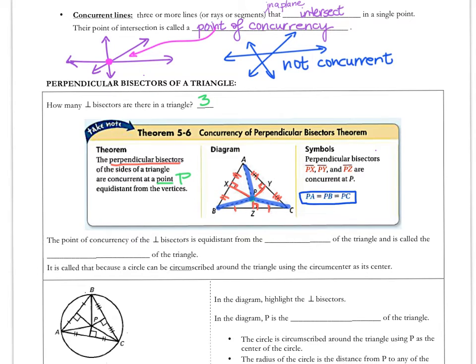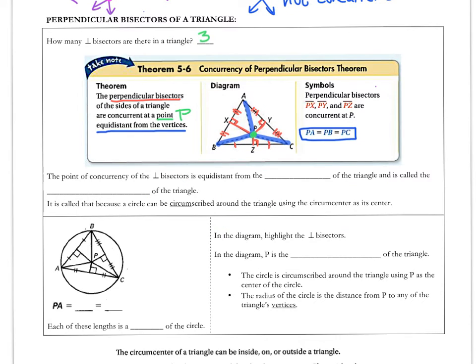That point P is equidistant from the vertices. So the point of concurrency of the perpendicular bisectors is equidistant from the vertices of the triangle, and it has a special name, which is called the circumcenter.